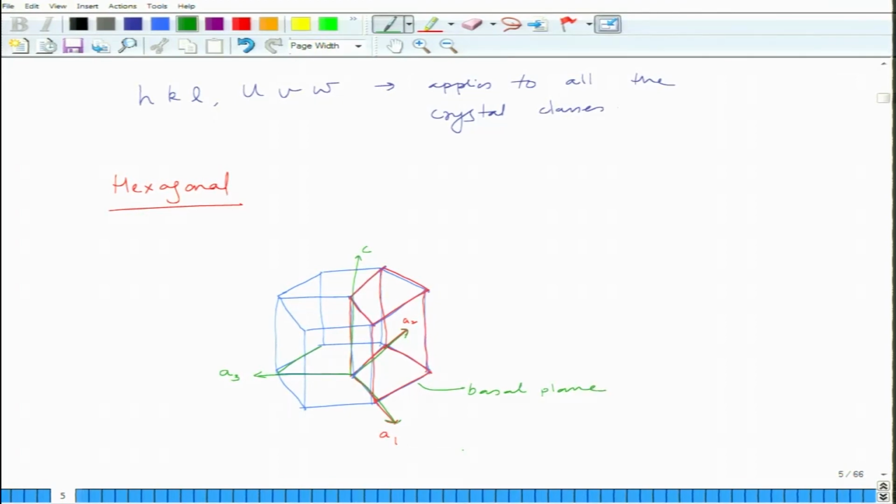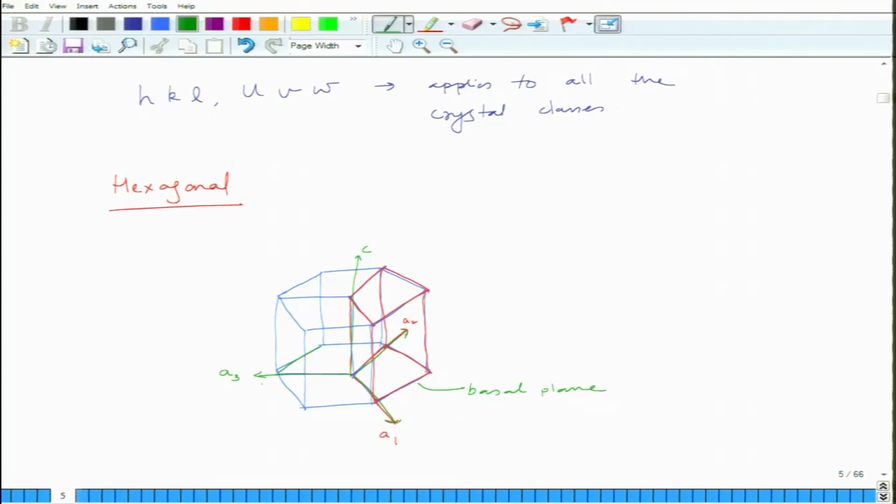So, now we can see that instead of taking this small unit cell as the hexagonal unit cell, if we take the big unit cell, which is the hexagonal cell, as the unit cell, then we can conveniently choose a 4 axis system where A1, A2, A3 are 3 axes within the basal plane and the C axis is the axis which is out of the basal plane.